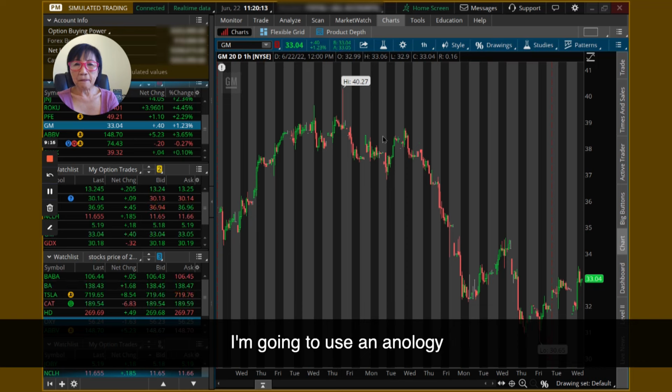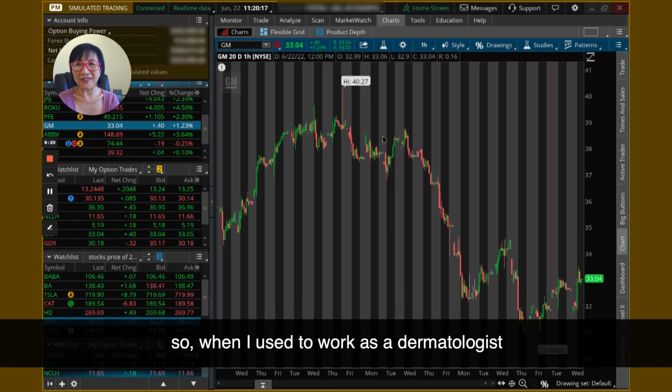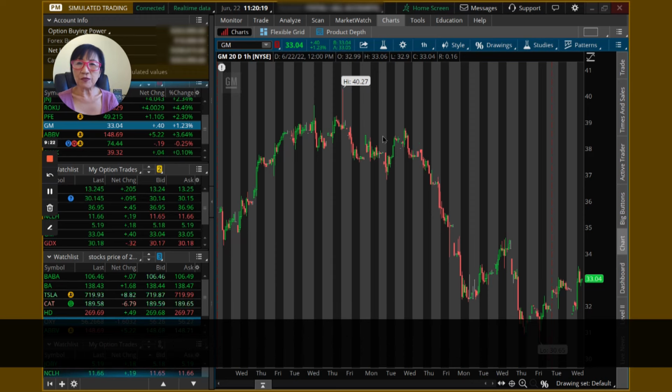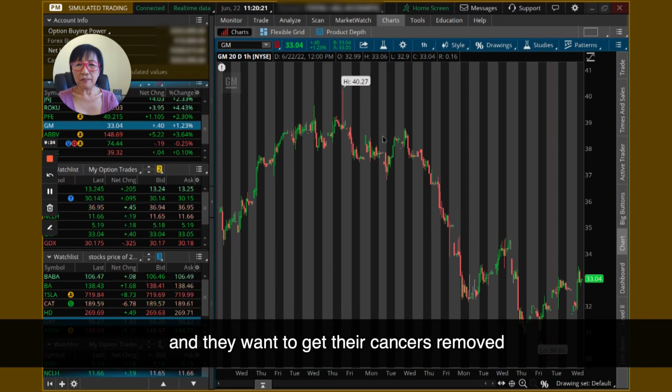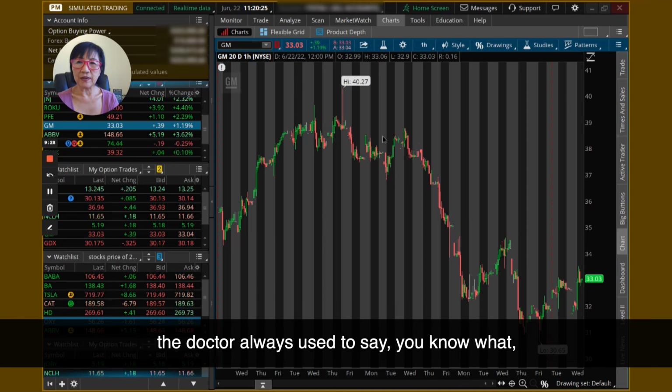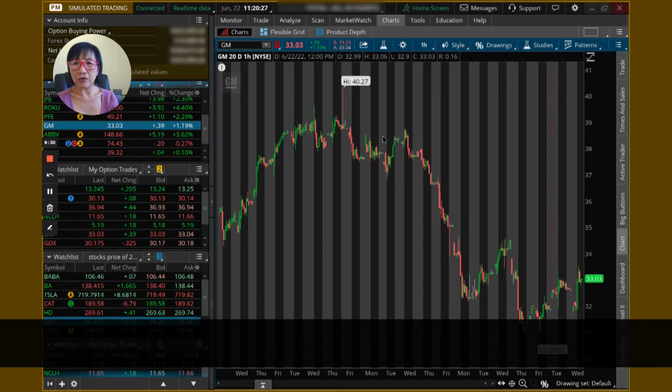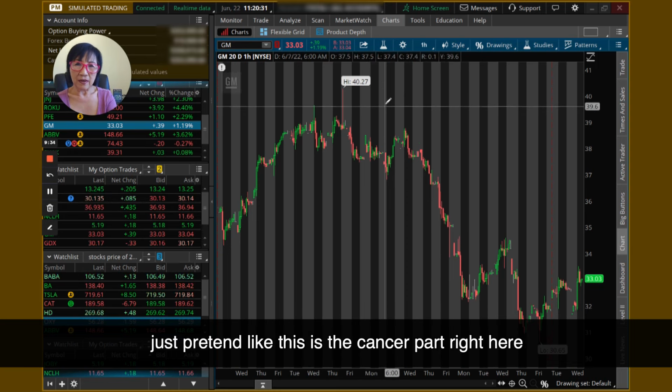I'm going to use an analogy from when I used to work for a doctor. When I worked for dermatologists, a patient would come in wanting to get their cancers removed, and the doctor always used to say, just pretend this is a cancer spot right here, 4027.